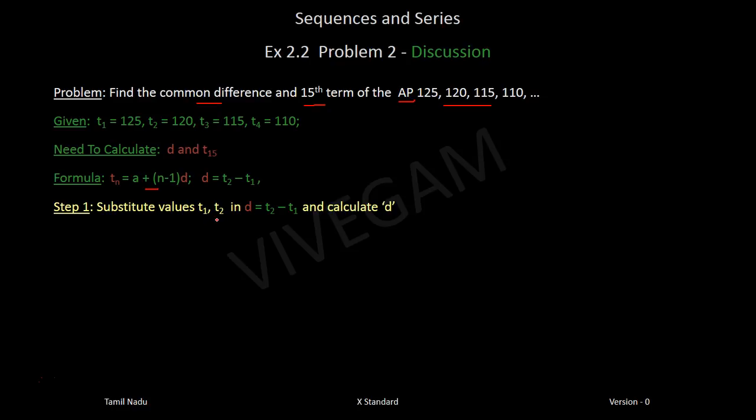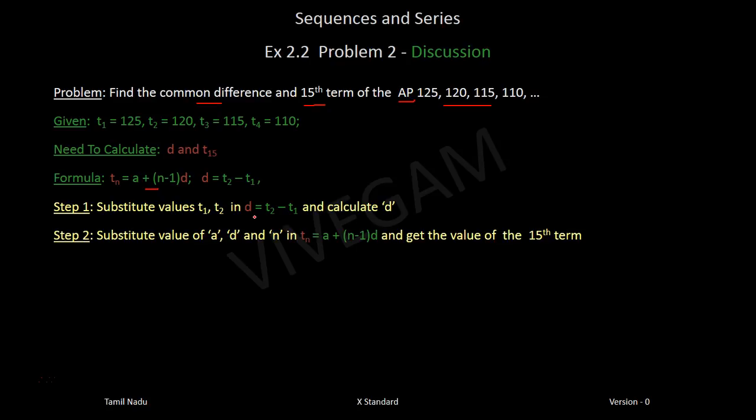Substitute the values of T1 and T2 in D equal to T2 minus T1 and calculate D. We know T2, we know T1, it's all given here. So substitute them and get the value of D, which is the common difference. Next, substitute the values of A, the common difference which we calculated in step 1, and n. n is 15 here because they want to find the 15th term.